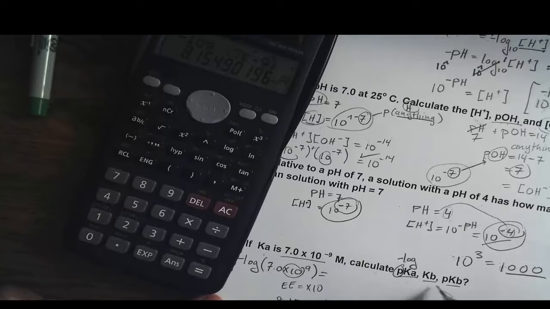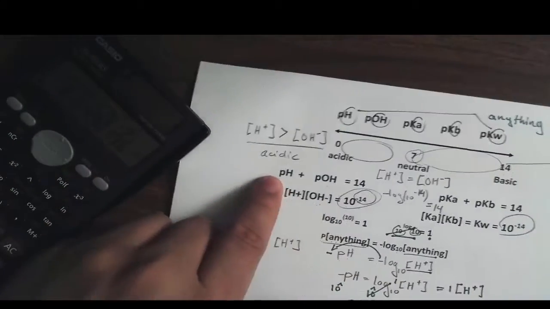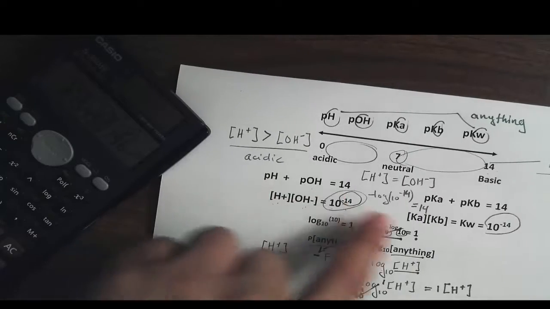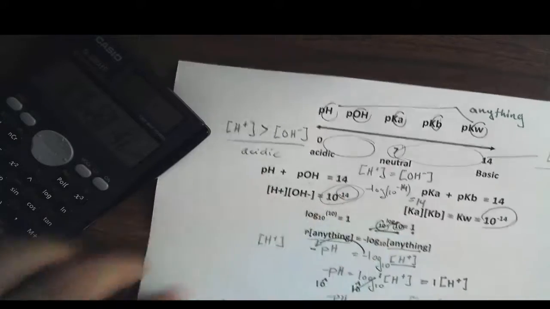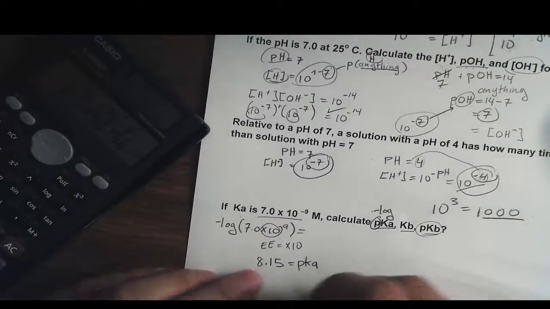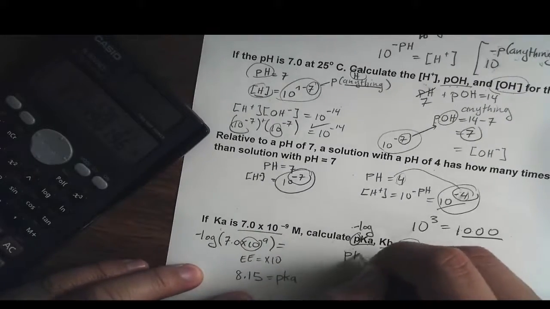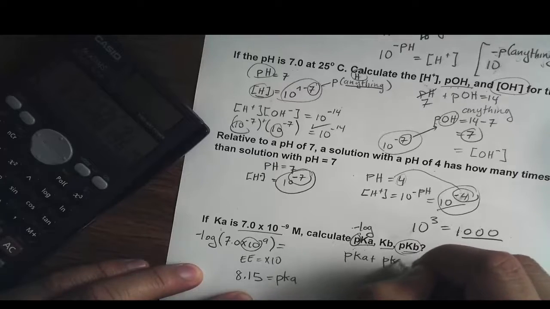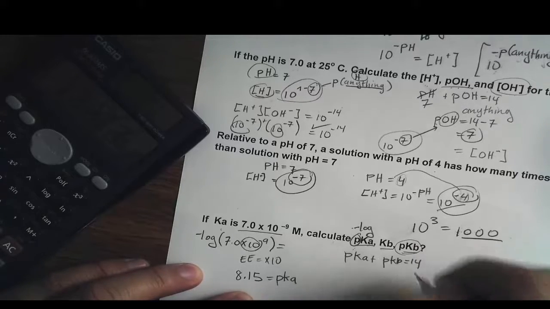And how do you solve for Kb? Well, before we solve for Kb, let's solve for pKb. Just like pH and pOH equal 14, pKa and pKb equal 14 as well. So that's easy math, right? We have pKa plus pKb equal to 14.